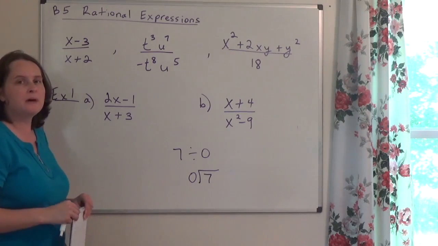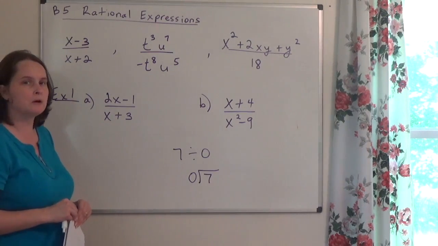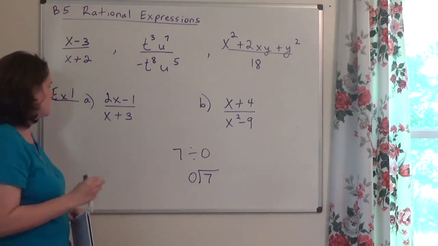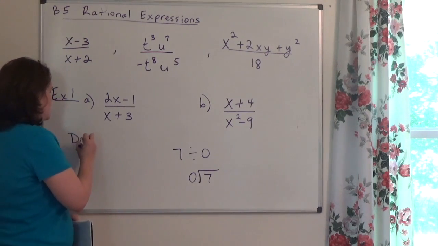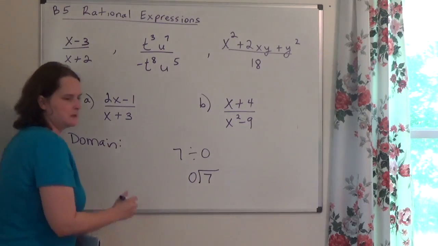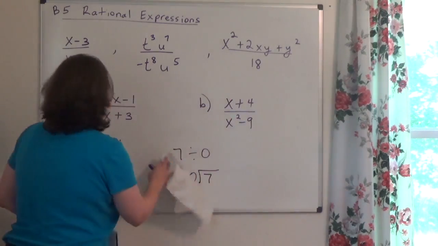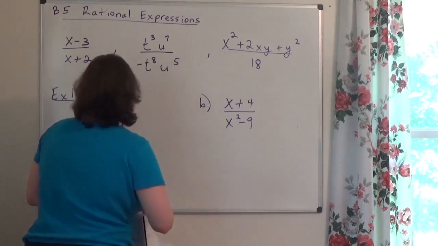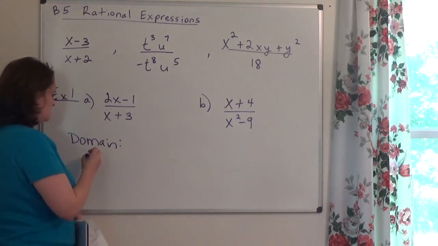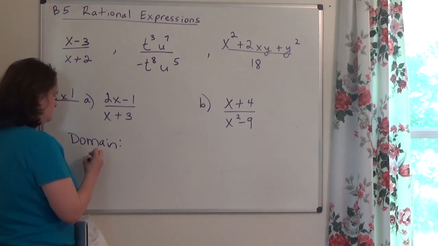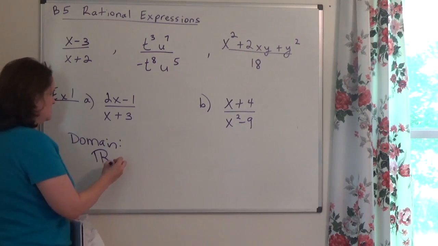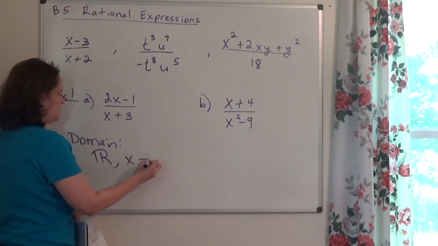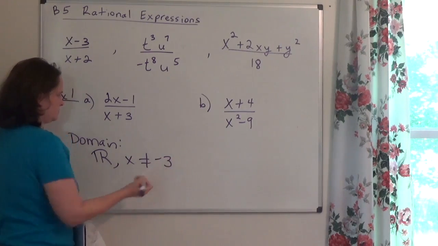So we'll say our domain is all real numbers except -3. Or it could also be written with this symbol meaning all real numbers, comma, x cannot equal -3.